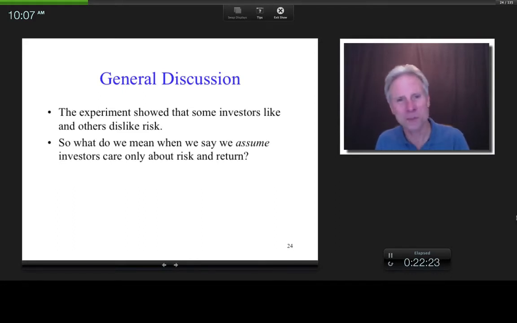Well, what about this? Suppose I said to you, here's this higher risk investment. Is there anyone that would be willing to take on a higher risk investment and not demand a higher required or expected return? Presumably not, right?